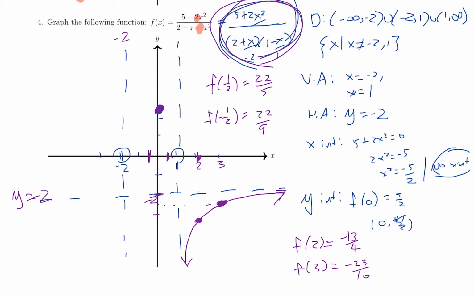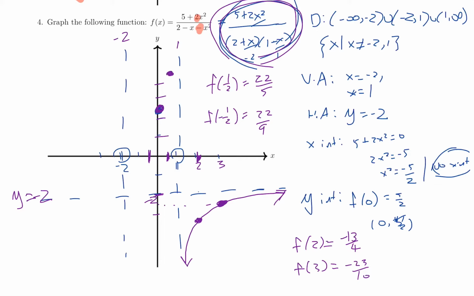So 22 over 5 is about 4.4. But again, we don't have to know the exact number. We have to know the ballpark. So there's 1, 2, 3, 4, a little bigger than 4. So when it's half, it's somewhere here.